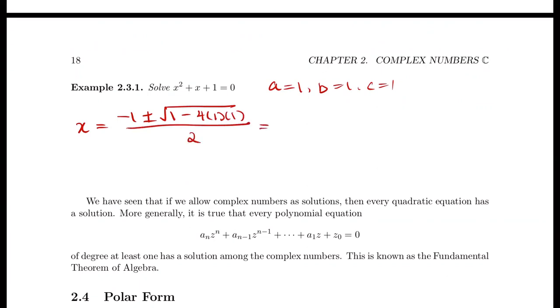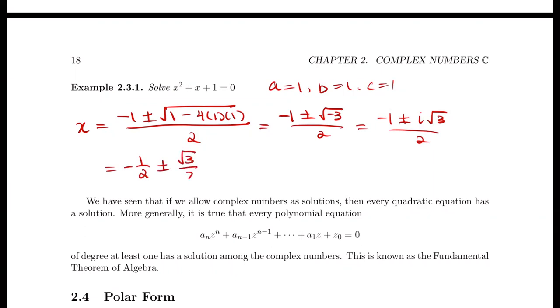And what that means is we have negative 1 plus or minus the square root of negative 3, divided by 2. But the square root of negative 3 is also the same as i root 3. So we have negative 1 plus or minus i root 3, and then divided by 2. So that means the solutions are going to be negative 1/2 plus or minus root 3 over 2 i.